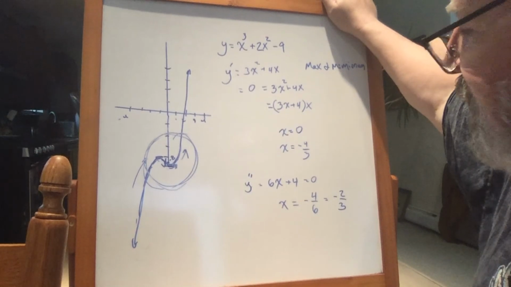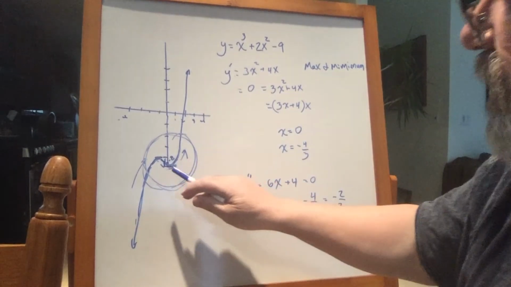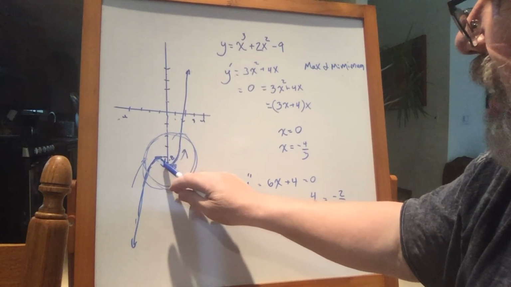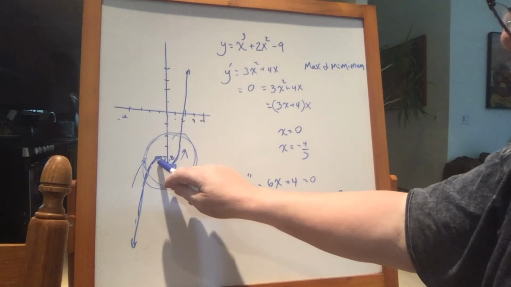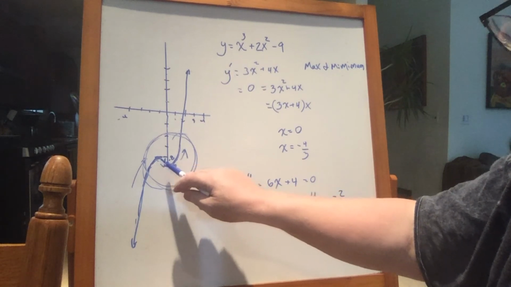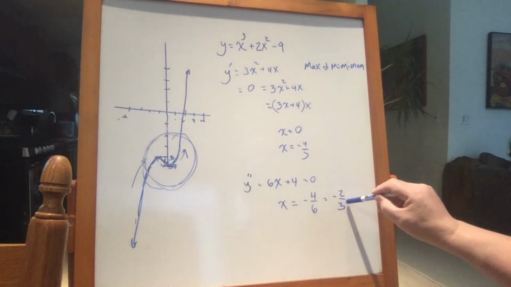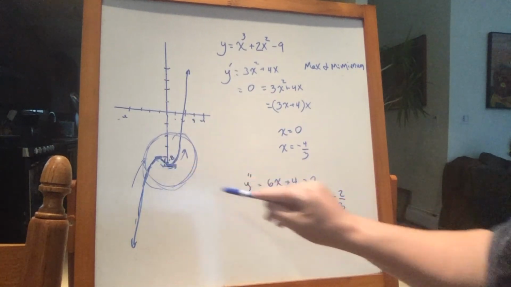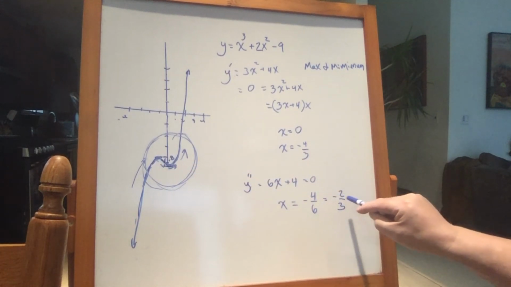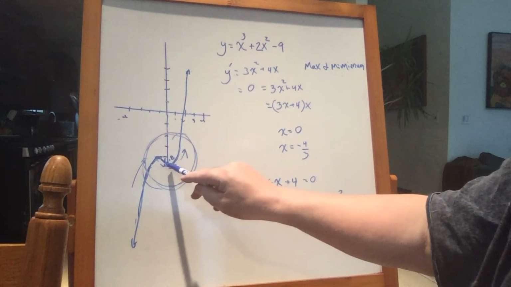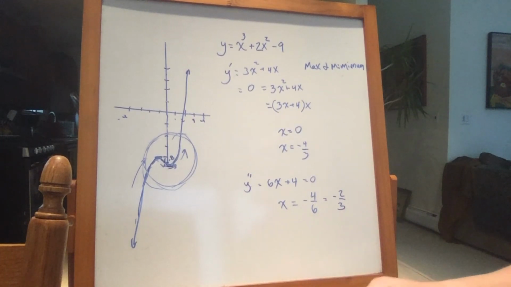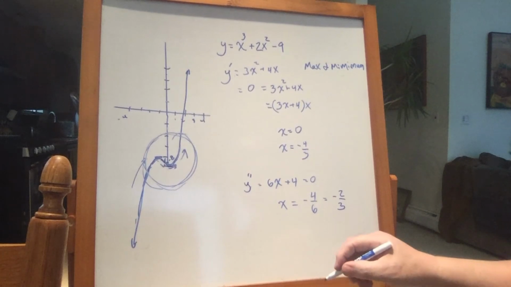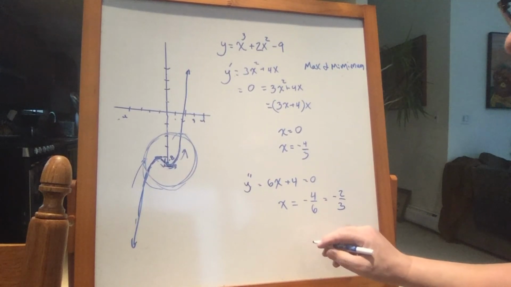When you look at that, what you see is that all the values on the negative side of minus 2/3 will be negative, but on the right of minus 2/3, the values of that second derivative are going to be positive. And that tells you that you've had a change in the direction of the curve, the inflection point.